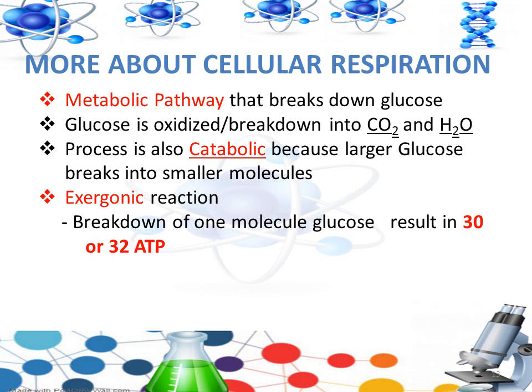This is a catabolic process because a complex molecule, glucose, is broken down into smaller molecules. When we talk about catabolic processes, they are exergonic reactions. And this breakdown of glucose results in the production of 30 or 32 ATP.